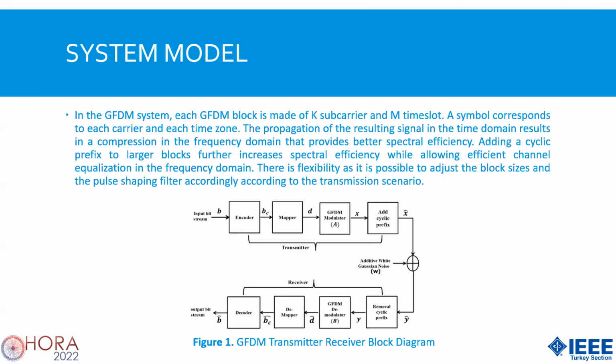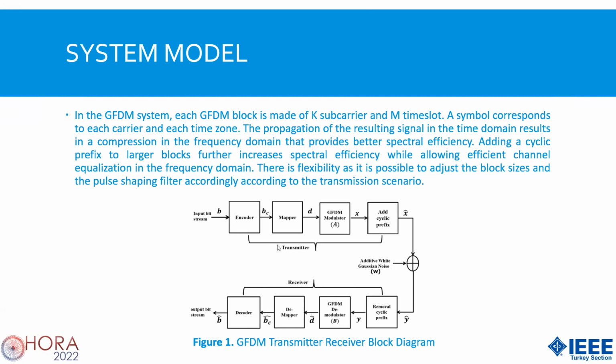In a GFDM system, each GFDM block is made of K subcarriers and M time slots. A symbol corresponds to each carrier and each time slot. Adding a cyclic prefix to larger blocks further increases spectral efficiency while allowing efficient channel acquisition in the frequency domain.